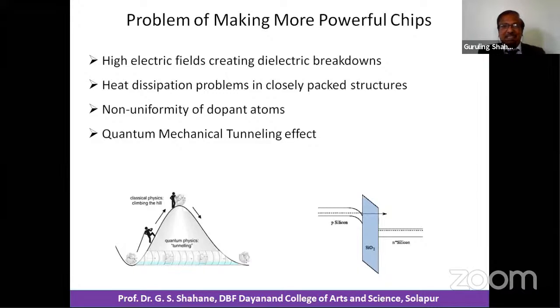When current flows through these devices, heat is dissipated, and since the density of components is very high, a large amount of heat is dissipated, which may increase the temperature and stop the functioning of the IC. That is again a major problem. Also, non-uniformity of dopant atoms and quantum mechanical tunneling effects.